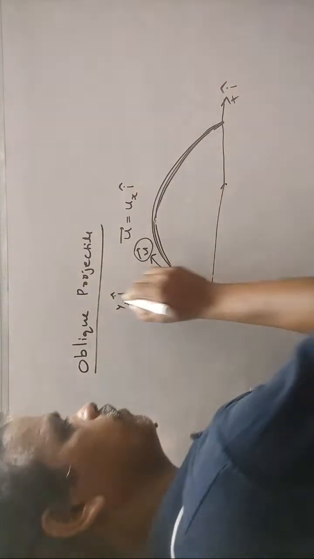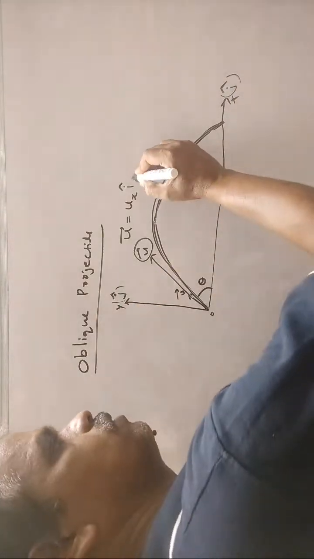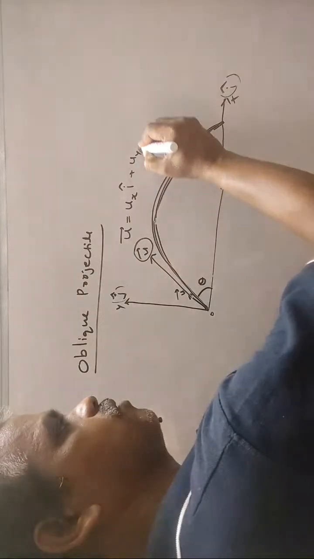J cap is the unit vector along the y-axis. Along the y-axis, the uy component.